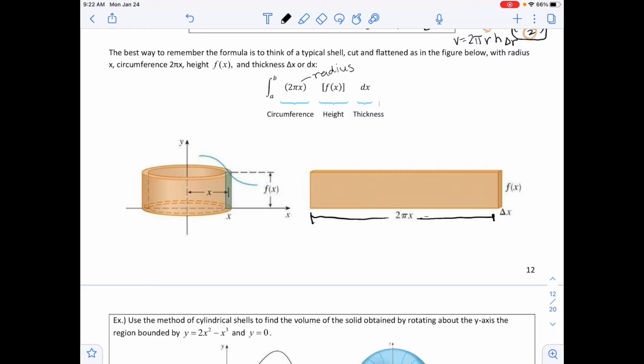And then we have the height of our shell, which is equal to f of x, and then that thickness, which is delta x, or when we integrate, we rewrite that as a dx.